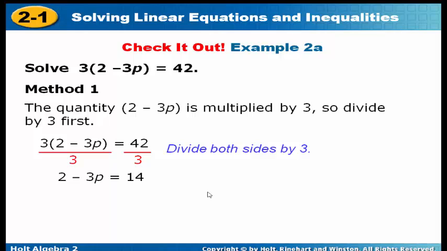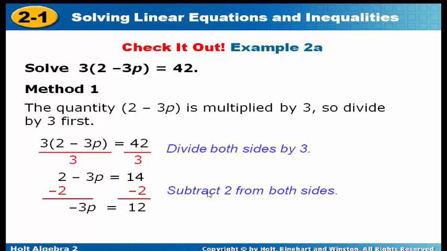Now we can subtract 2 from both sides. So negative 3p equals 14 minus 2, which equals 12. Now we can divide both sides by negative 3. So p equals 12 divided by negative 3, which equals negative 4.